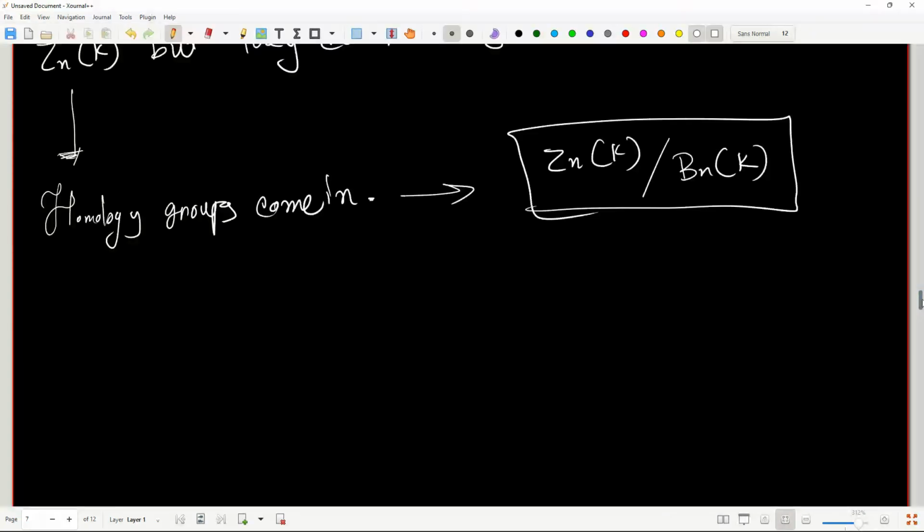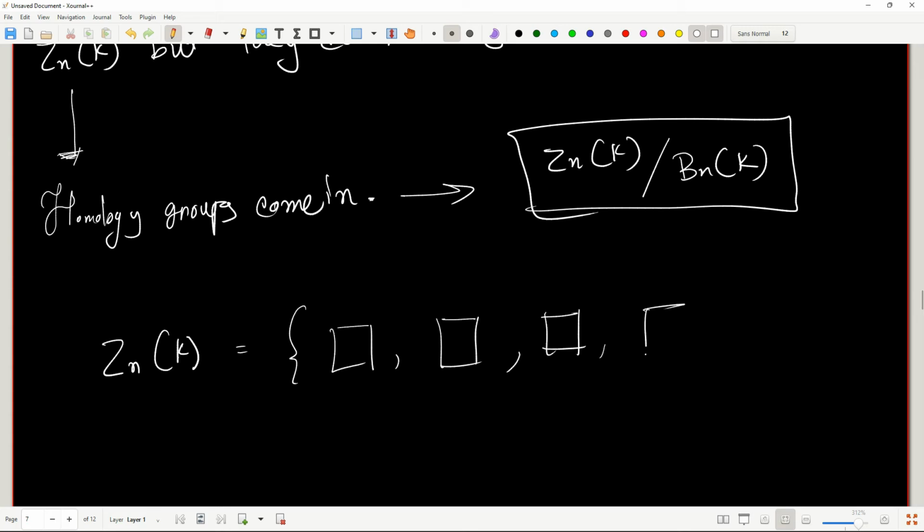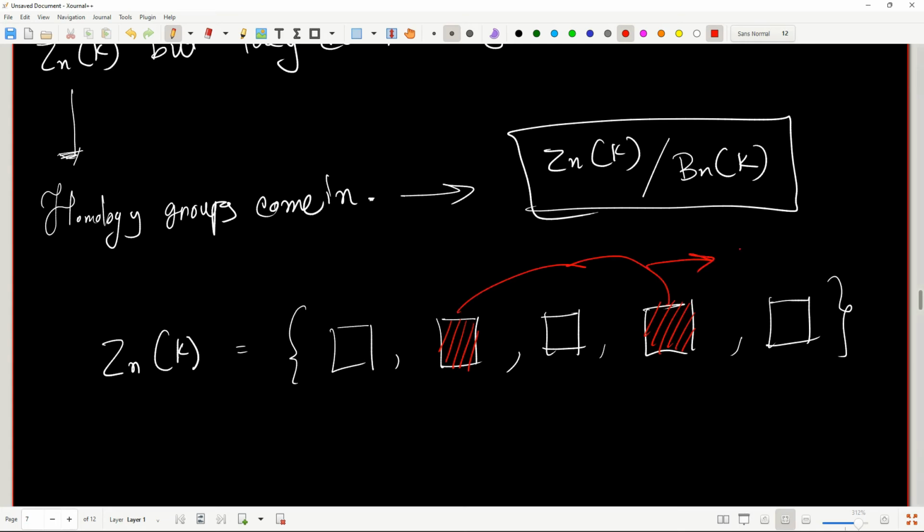So let me draw a visual diagram for you. So let's say this is your Z_n(K), okay? Let's say this is some Z_n(K), boxes, boxes, boxes, box, and another box, like this, 5 boxes, let's say. And the ones marked with this red color, these boxes, they also belong to the boundary group, the set of all n boundaries, okay?